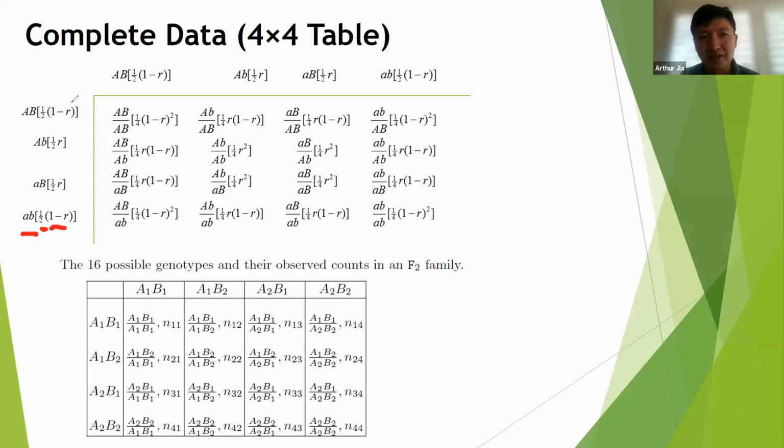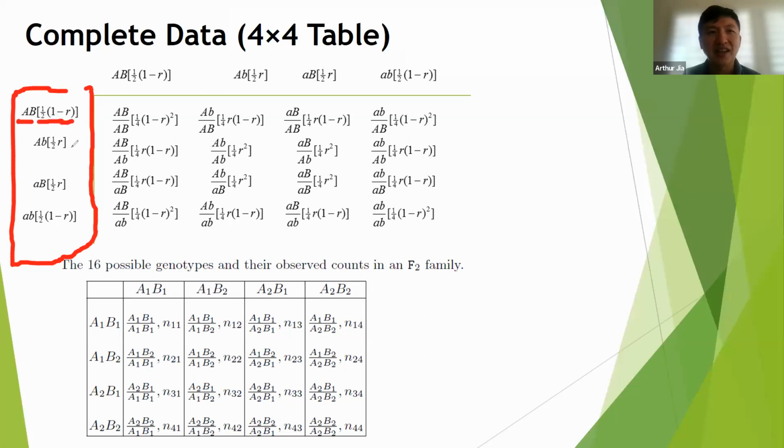Any questions here? This is important, and we need to understand it. This is the genotype of the possible gametes, and this is the probability associated with each type of gamete. In the final exam, I might give you a problem like this: I give you this F2 cross design, and I ask you to write this table for me.